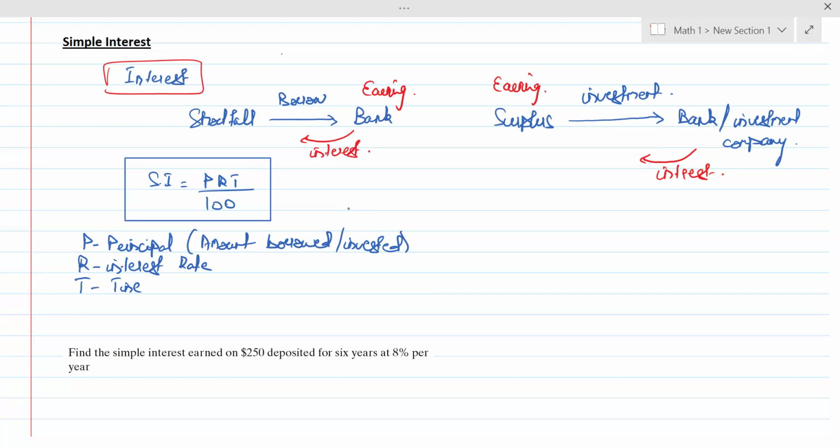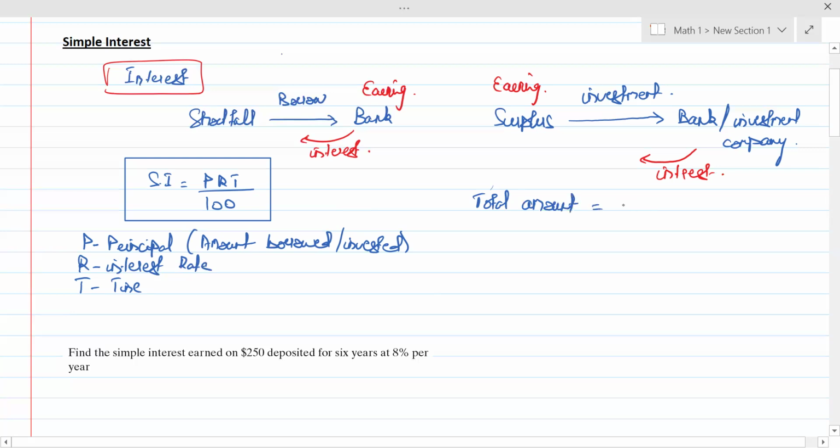And in case of the surplus invested, the total amount would be the interest earned as well as the amount invested initially. So another concept related to simple interest is the total amount which either you have to pay back to the bank or you would be taking back from the bank.